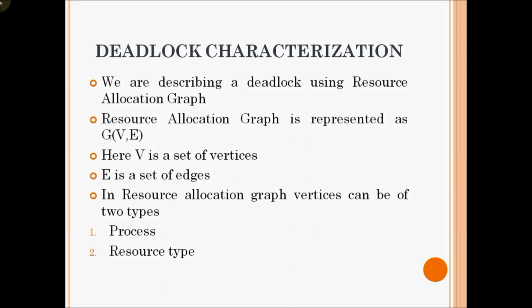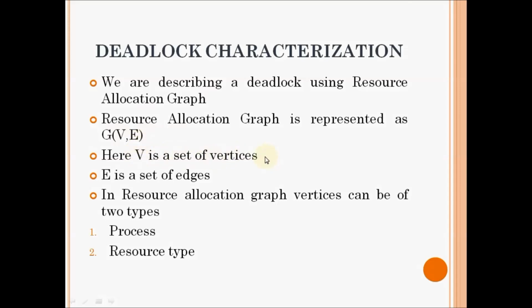So what is a resource allocation graph? As the name suggests, it is a directed graph, and it is represented as G(V, E). Here V is a set of vertices.